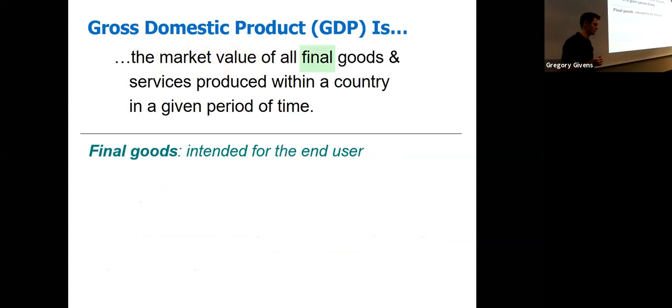The second part of the definition that I want to focus on for a minute here is this idea that GDP is supposed to reflect the market value of all final goods and services. I think this is best illustrated with an example, okay? Let's suppose that the North Face company purchases $35 worth of fabric from some manufacturer.